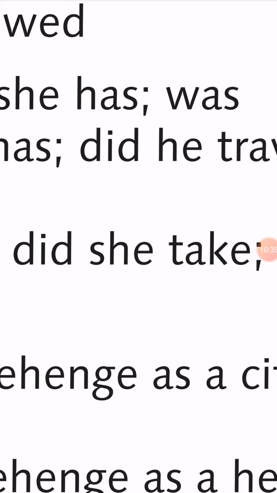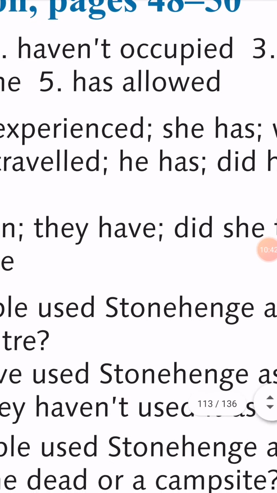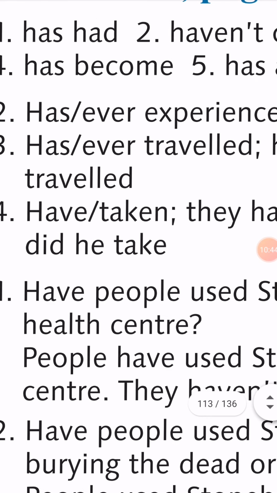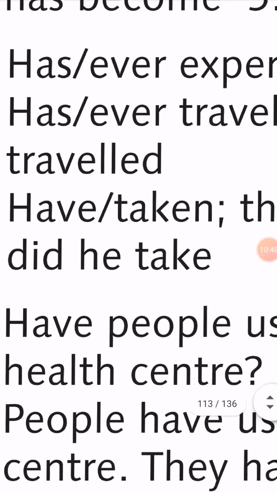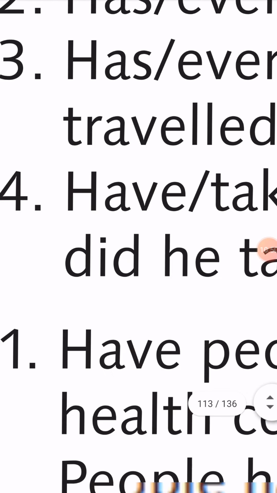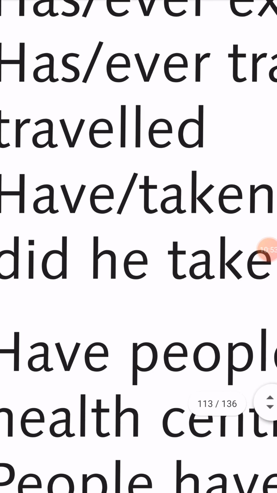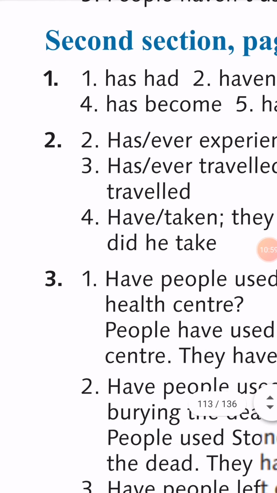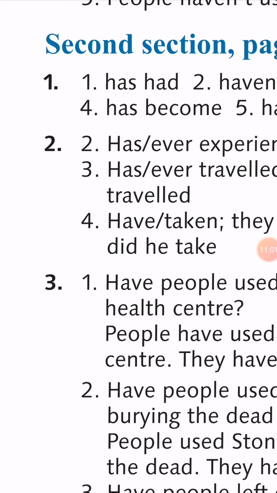Now another question in simple past. Where did he take his photo? At Angkor in Cambodia. This is all about our question number 2.